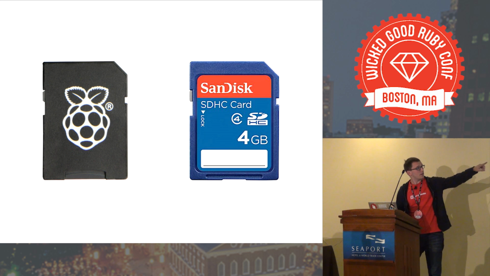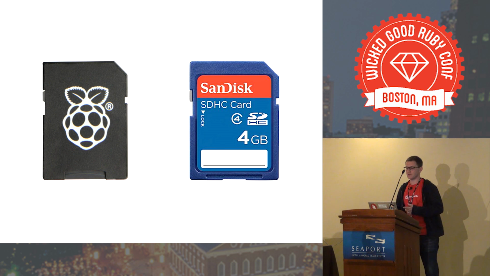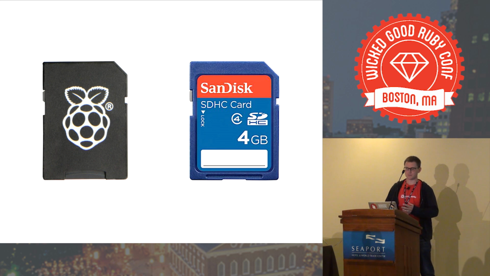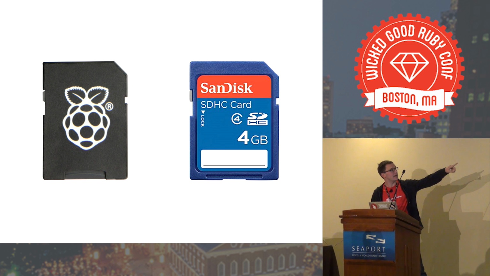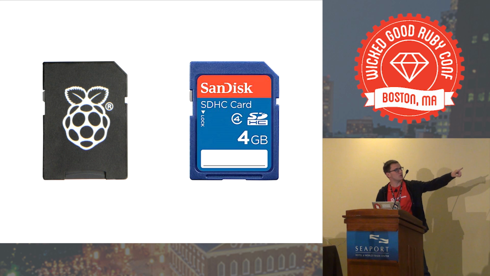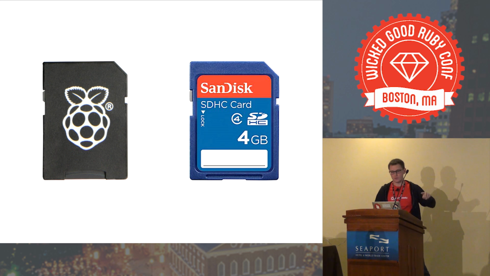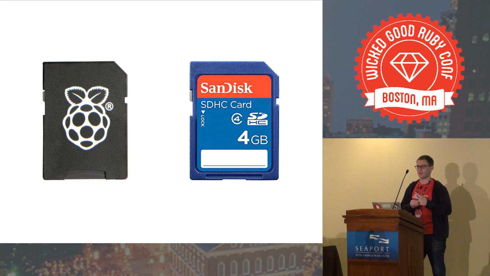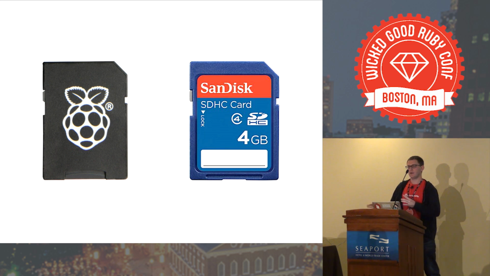You can, on the right, that's just any SD card. There's instructions on their website on how to download Debian and put it on this card. The one on the left actually comes with certain packages, and it's called New Out-of-Box System, also known as Noobs. The one on the right, if you download Debian and put it on an SD card, their distro of it, you can actually bring it up and SSH to it right away without any configuration.